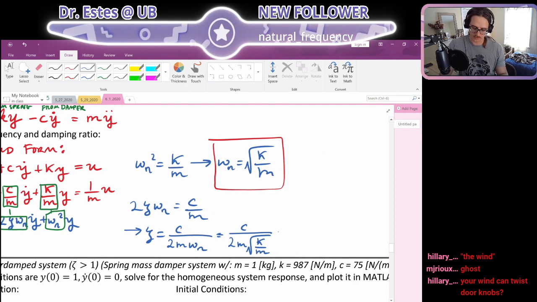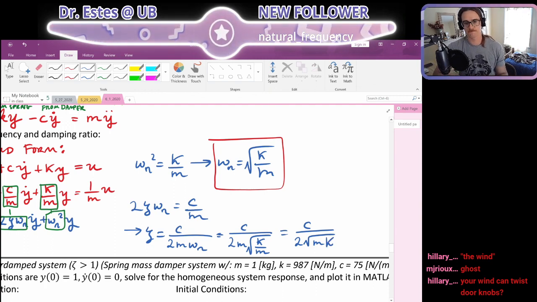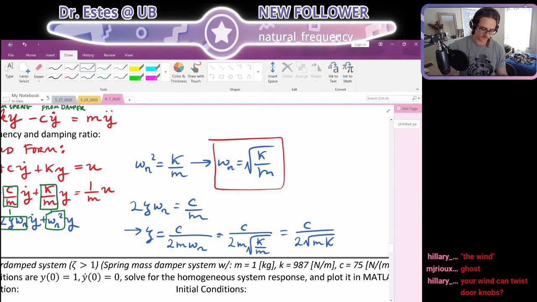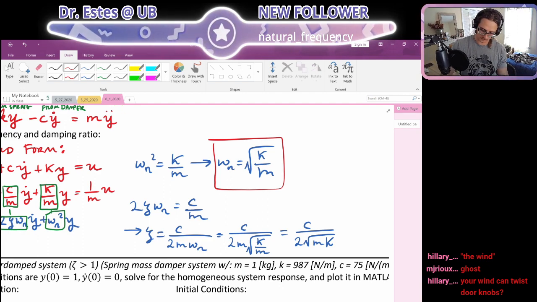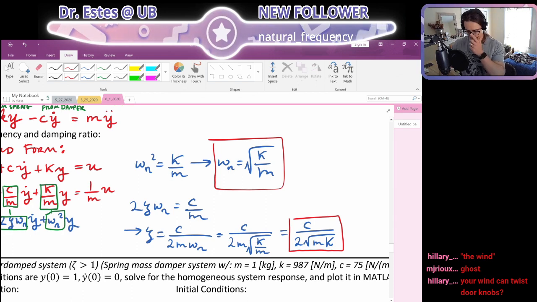And you can simplify that a little further. You can pull that m inside the square root, but it would be an m squared inside the square root, and the 1m in the denominator would cancel it out. So you'd be left with this. So this is your damping ratio.